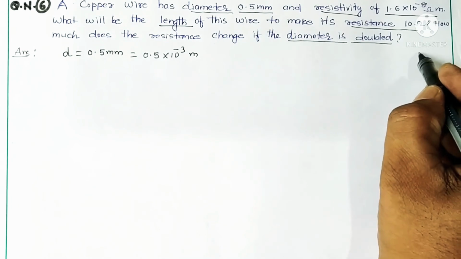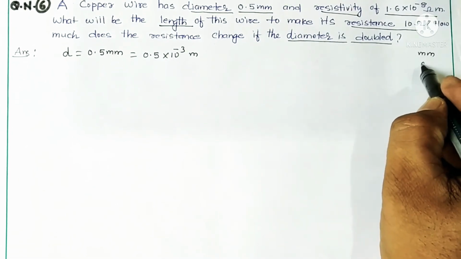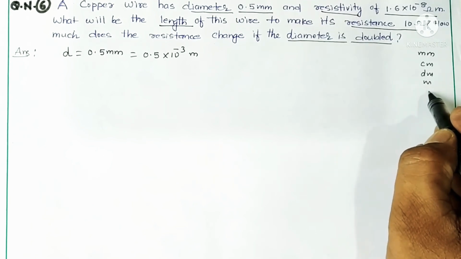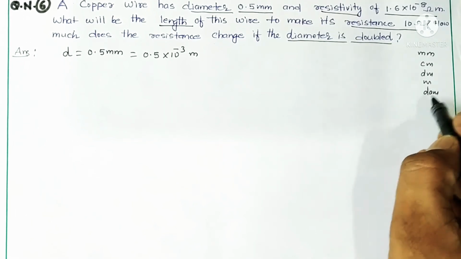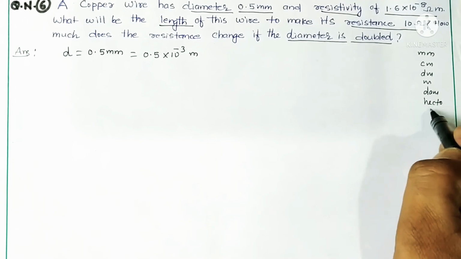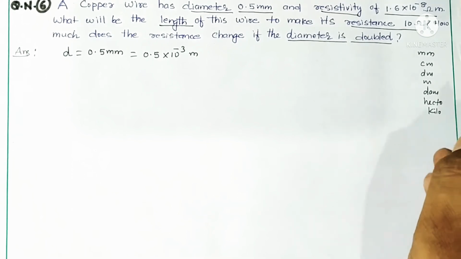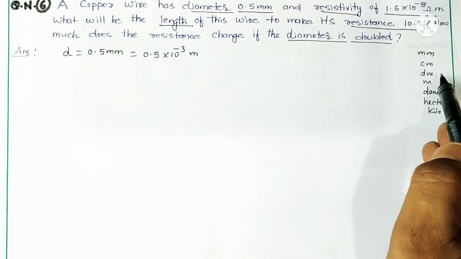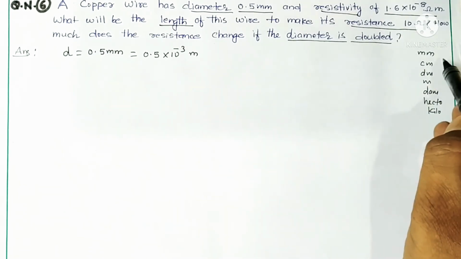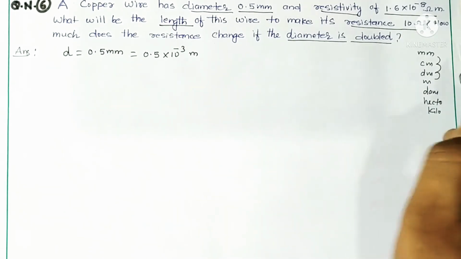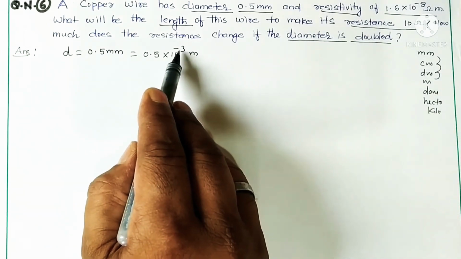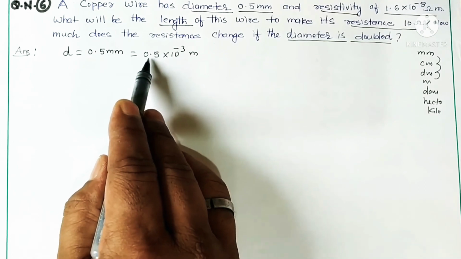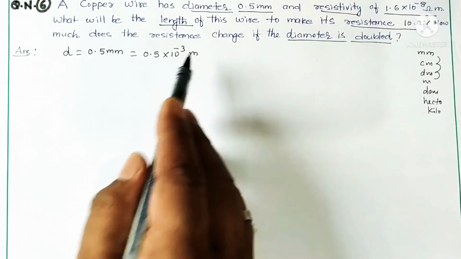You know this simple formula: millimeter, centimeter, decimeter, meter, then decameter, hectometer and kilometer. If we are moving from a smaller unit to a bigger unit, we have to divide. Means how many steps we are going down, that is 1 2 3 steps. So we have to multiply by 10 to the power minus 3, or we have to divide by 1000, means 0.5 by 1000. So it will be this one.